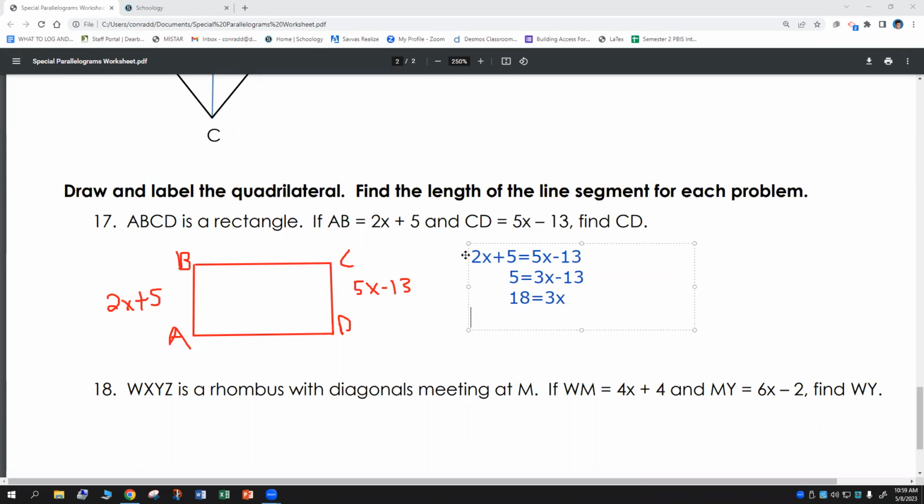I'm going to divide both sides by 3. And I'm going to get 6 equals x. When I plug that in, 5 times 6 is 30, minus 13 is 17. And just to check, we can do the other side as well. 2 times 6 is 12, plus 5 is 17. So we know the length of CD is 17.